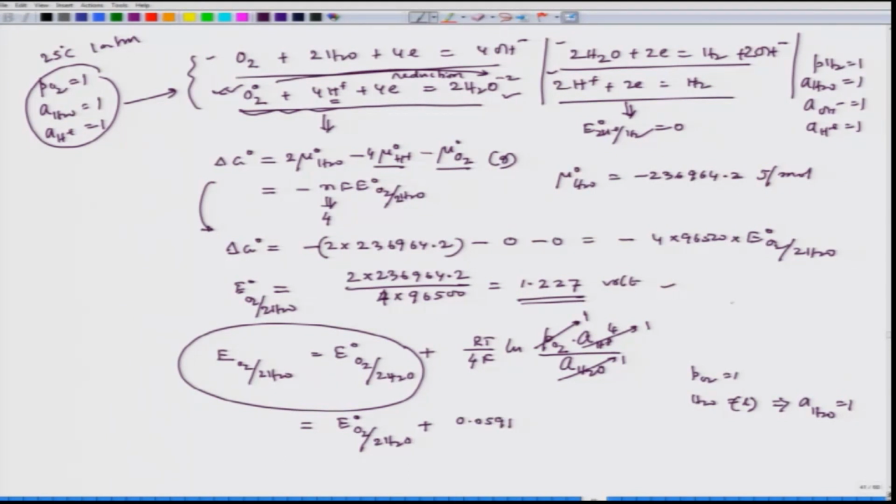We have already calculated this: 8.314 into 298 divided by 96500 goes to 0.0591, divided by 4 ln, so that time into 2.303, since we are considering the log conversion. So this becomes log activity of H plus to the power 4.